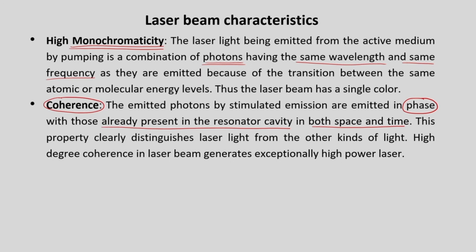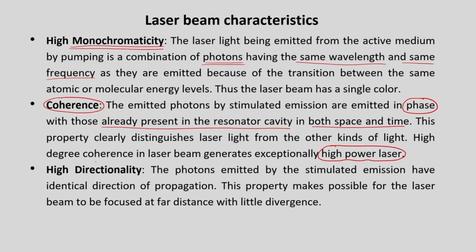In the laser, the photons are in the same phase. A high degree of coherence in the laser beam generates exceptionally high power laser. So, to have a very high power laser, a highly coherent beam is very much essential.